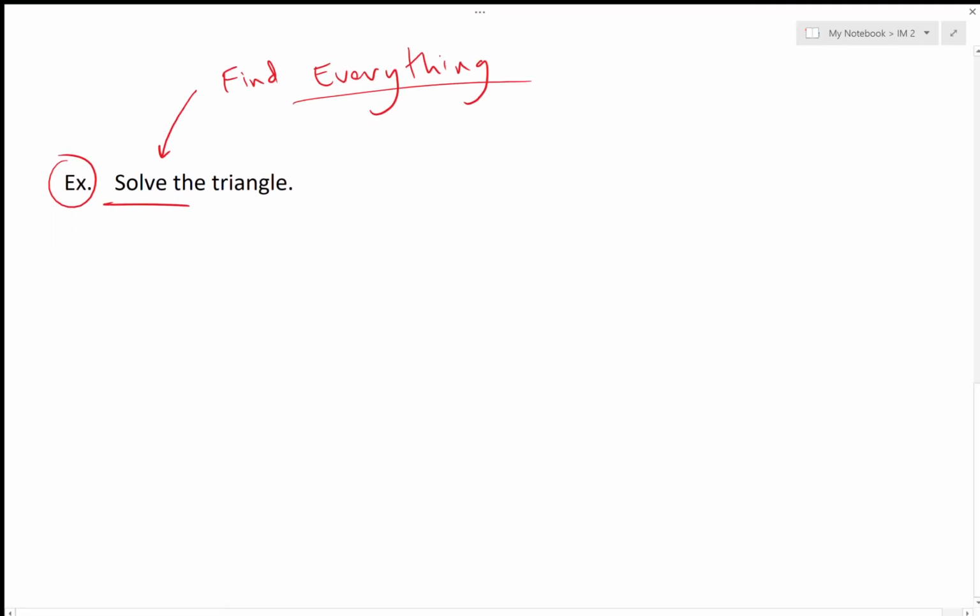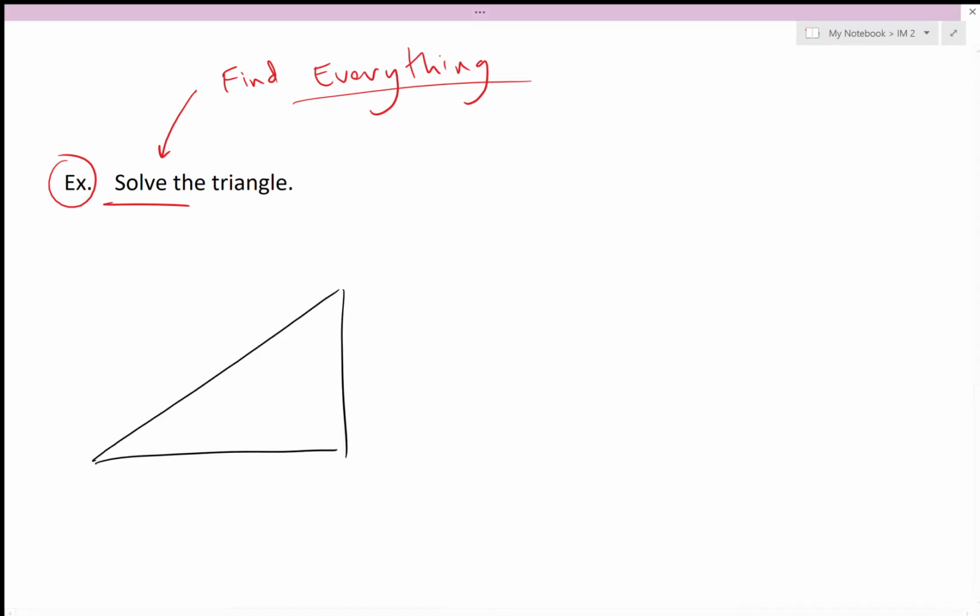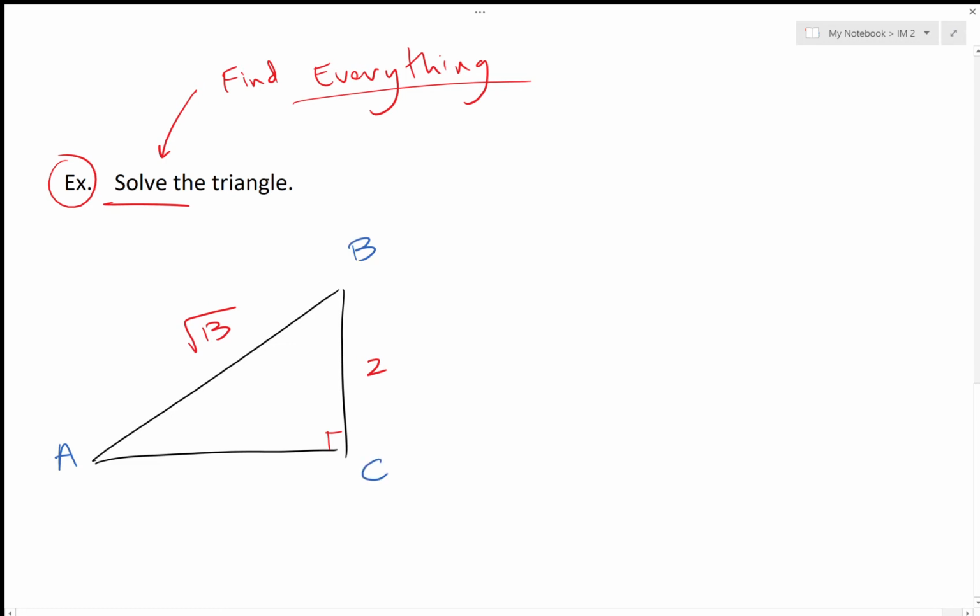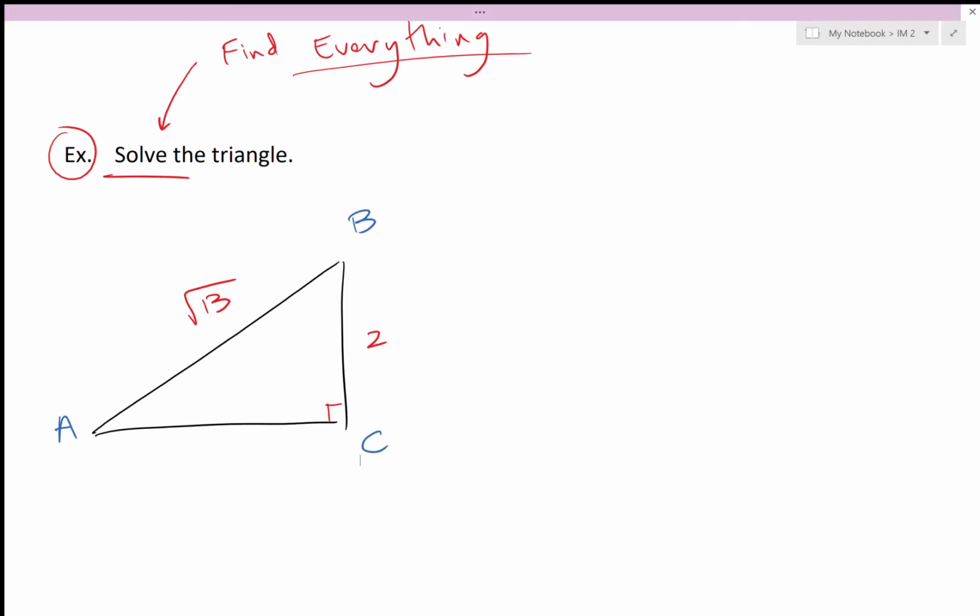So the triangle we're going to go ahead and look at right here is going to be a right triangle. So right angle right there. This side is square root 13. This side is 2. And they're going to label the corners with some letters so we can follow it along. So A, B, and C. Find everything.